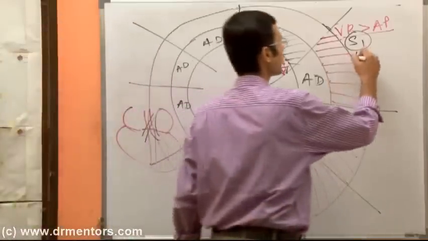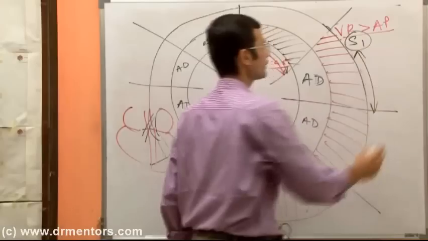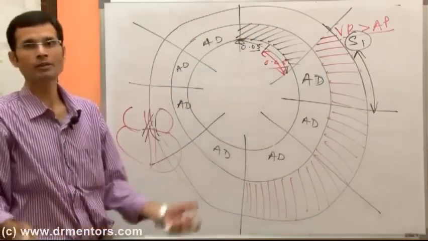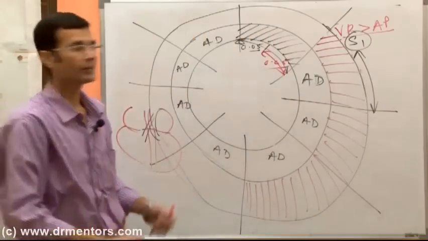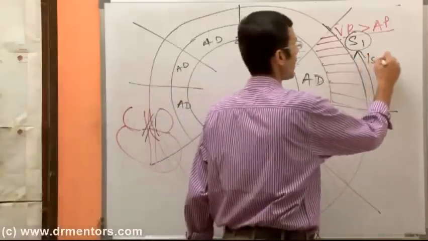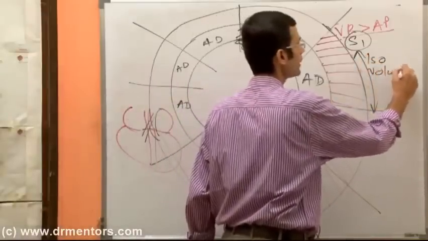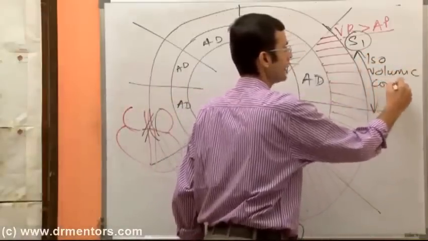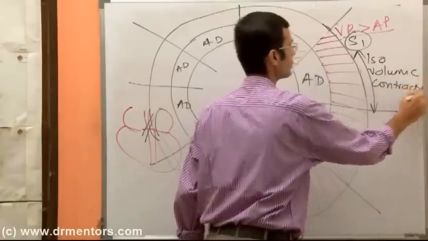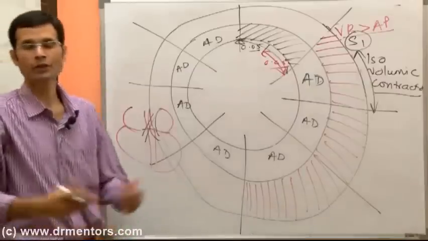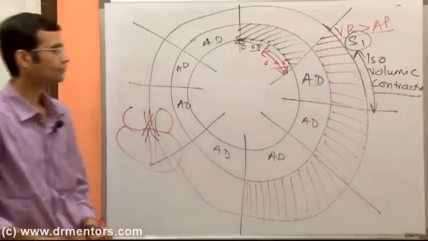All four valves are closed and ventricles are just contracting like closed chambers against all four closed valves. This has been called isovolumic contraction of the ventricles. Blood volume cannot change, it remains the same.